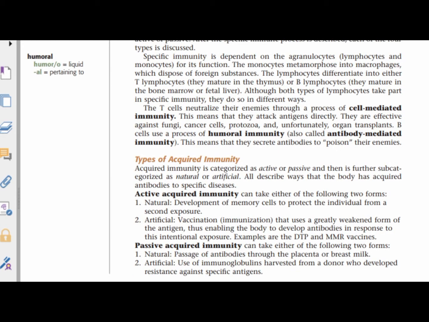So when you say active, it could be a form of natural and artificial. So natural immunity is when you expose yourself to bacteria or to viruses, such as herd immunity.